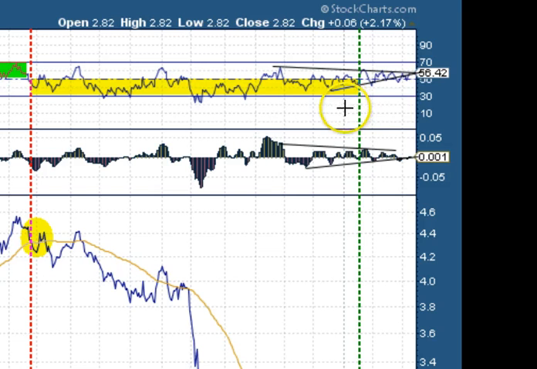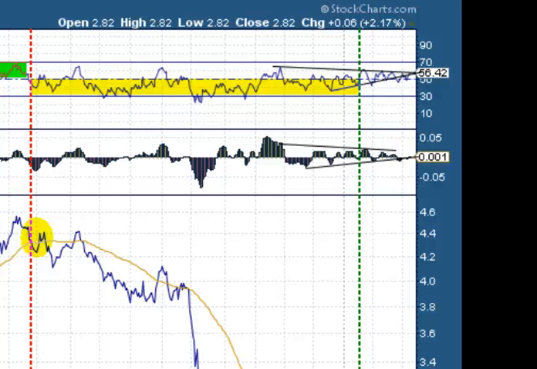You can see here the support trend line that I drew has been supporting this RSI for the past several months, but it broke down and through the support trend line a few weeks ago. And as I explained in the last video, when you break a trend line it reverses its characteristics. So now that trend line is acting as resistance.